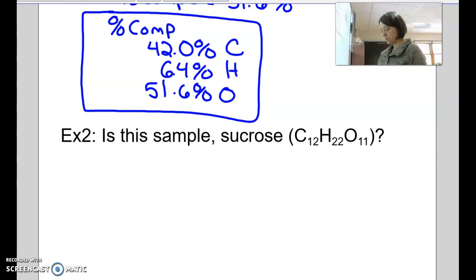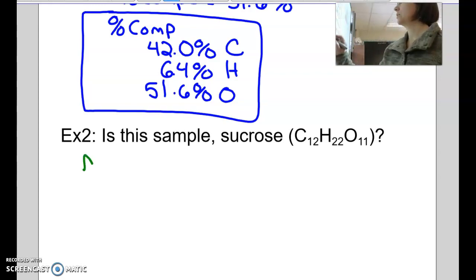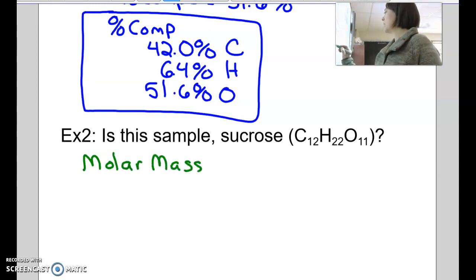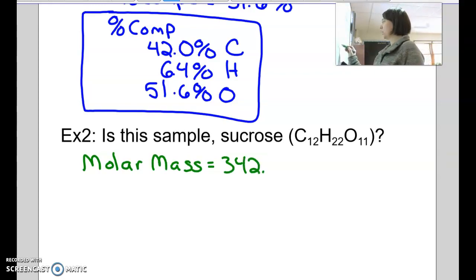And we have 11 moles of oxygen, and its molar mass is 16, for a total of, and I always want to tell people what I'm doing when I'm writing out my questions, molar mass equals 342.34 grams.